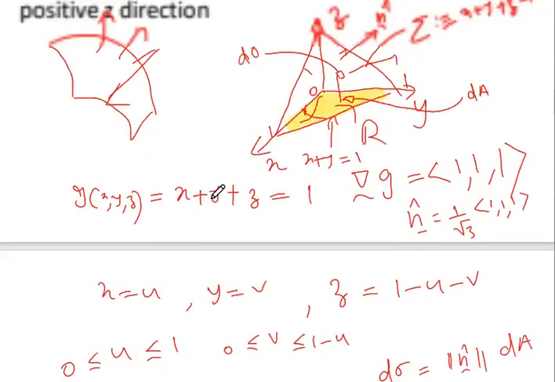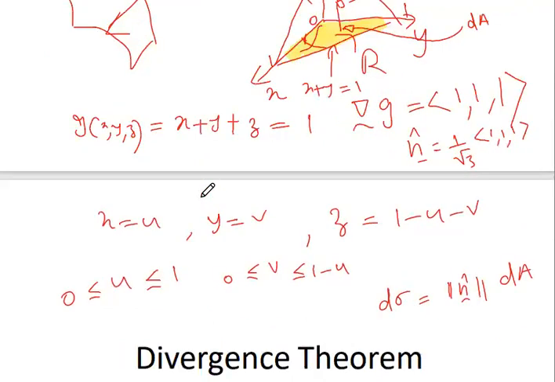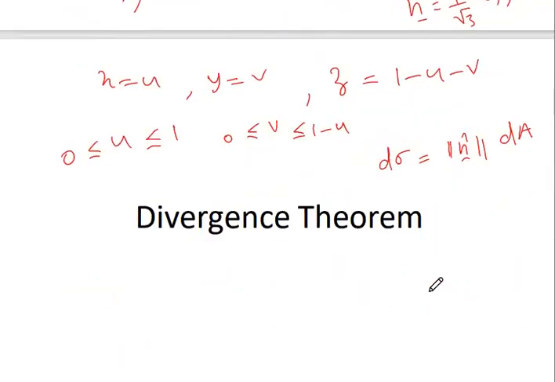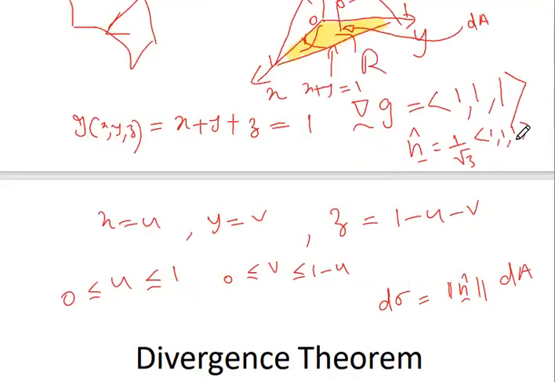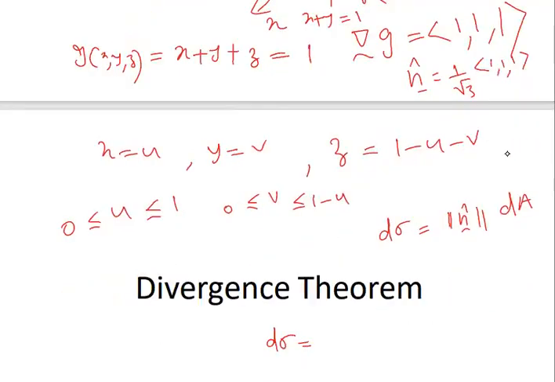Okay, so we have this conversion. d sigma is equal to the magnitude of n. So what is the magnitude? Square root 3 dA. dA is du dv.